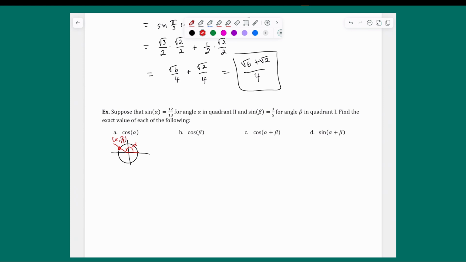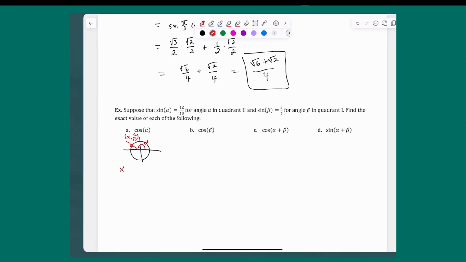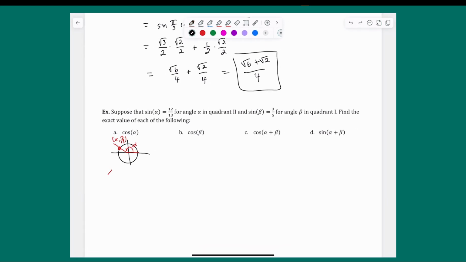Based on that, we know that x squared plus y squared has to equal 1, because it's the unit circle. So x squared plus 12 over 13 squared equals 1.